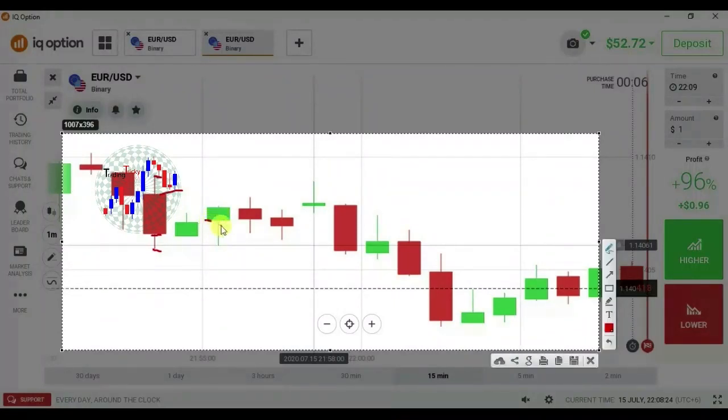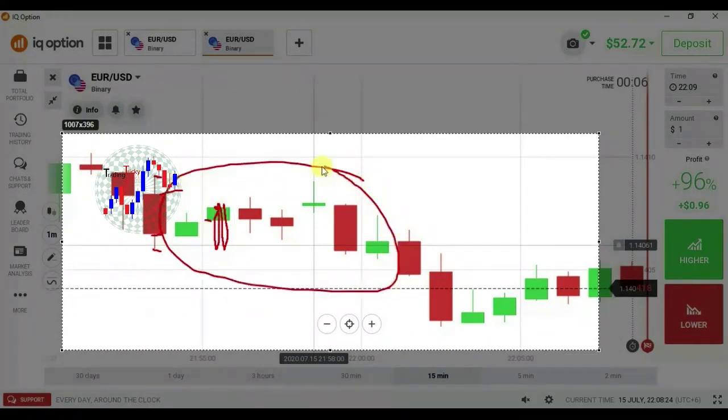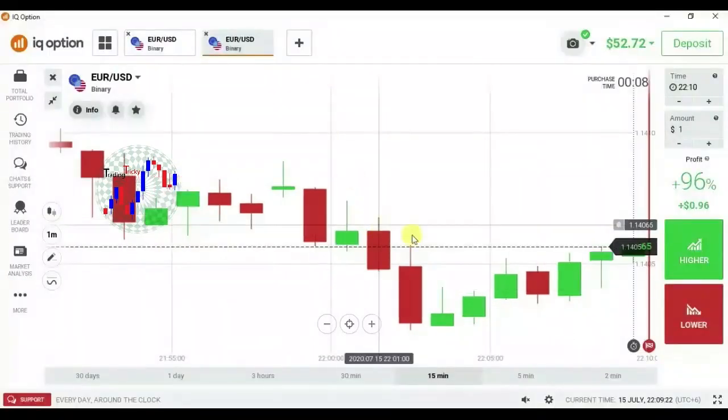After that, maybe first made a seller's entry, and then it went up to this level and close here, or maybe it went fast up to here, then it went down, again it went up and close here. So there can happen anything, we don't know, because this is already formed.